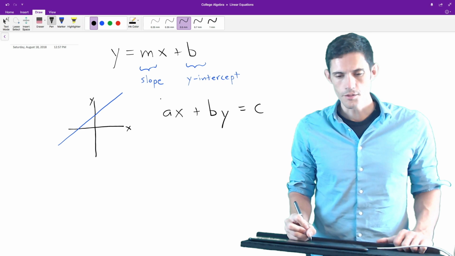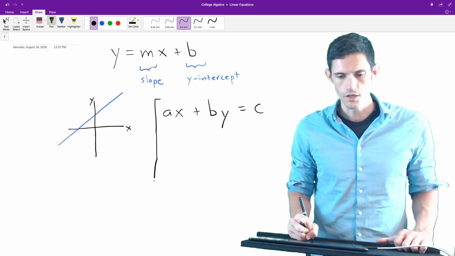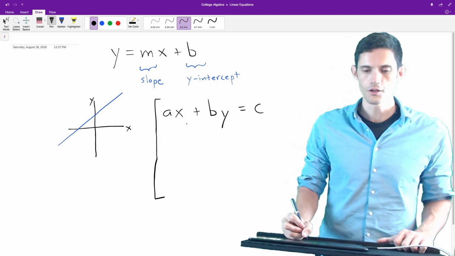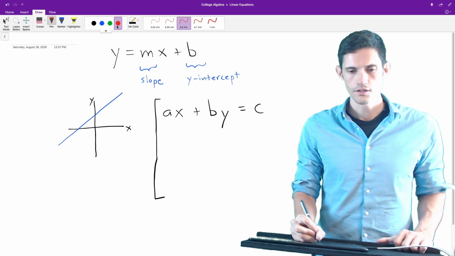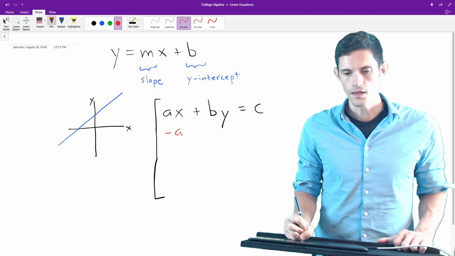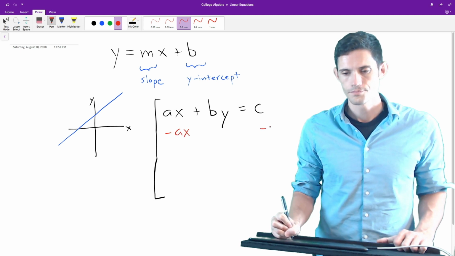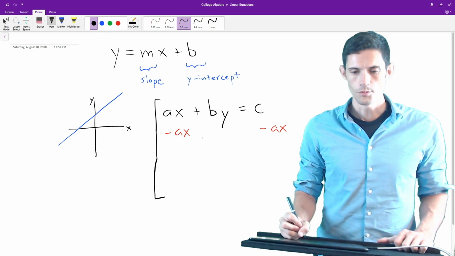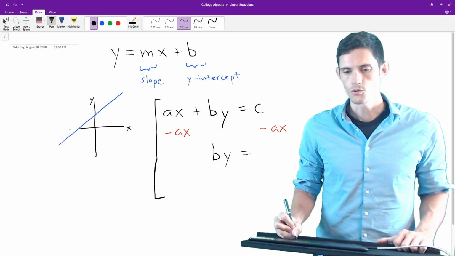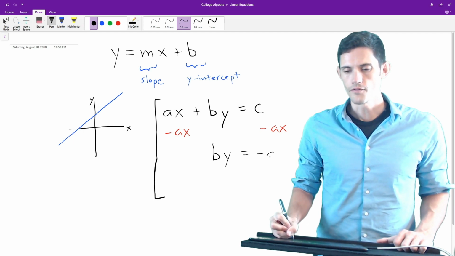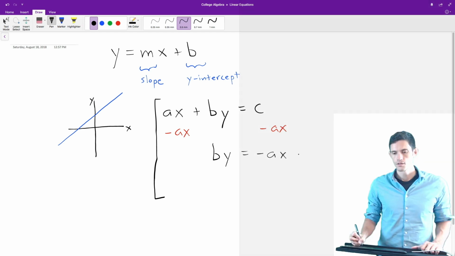But you can see that it's the same thing, because if I took this equation, ax plus by equals c, and subtract ax from both sides, now I'm left with by is equal to negative a times x plus c.